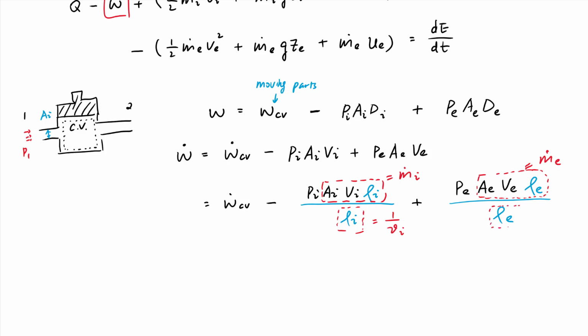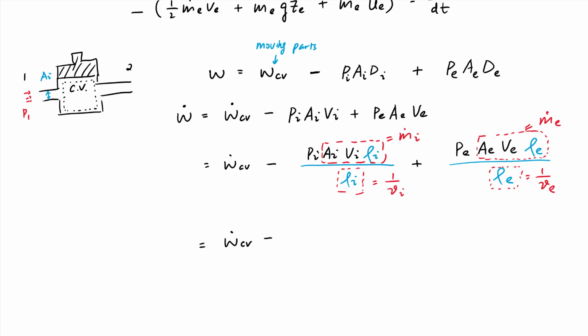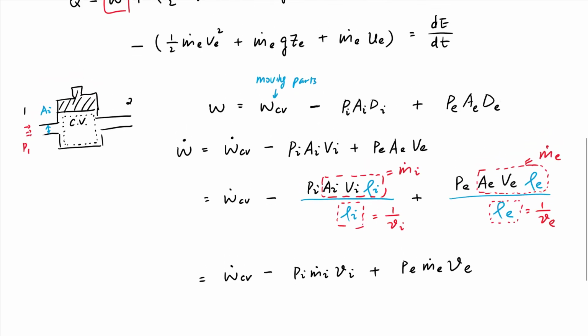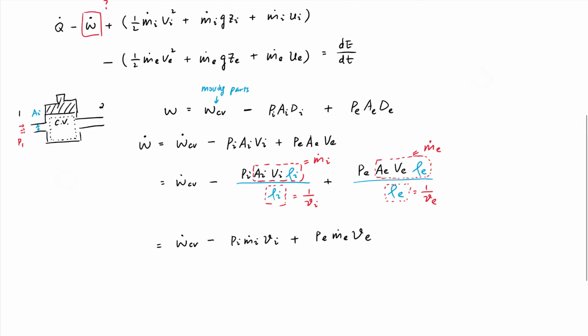So we can rewrite both denominators into specific volume nu. Now this equation will be changed to W dot CV minus P_I times m dot I times nu I. The third term will become P_E m dot E times nu E. So now finally we have rewritten W dot.